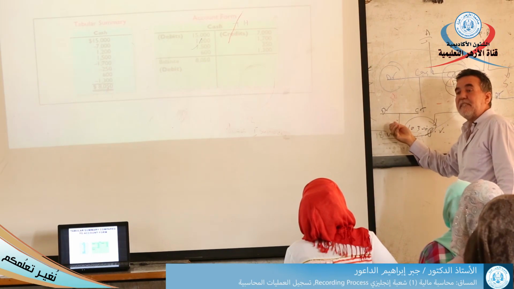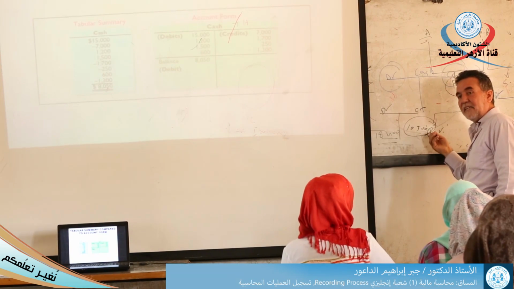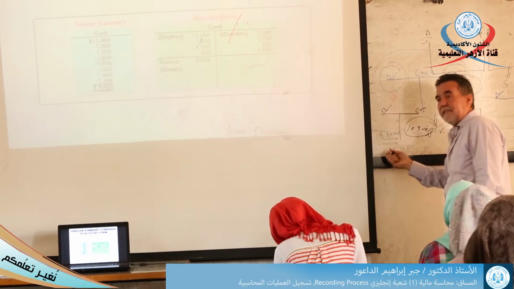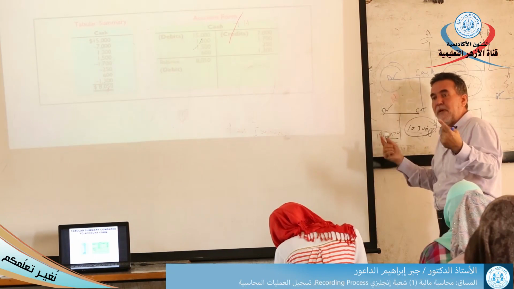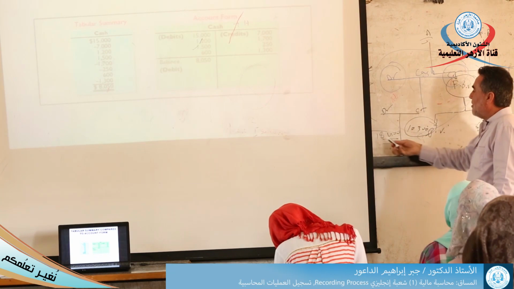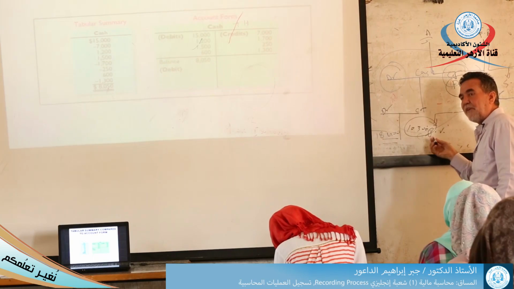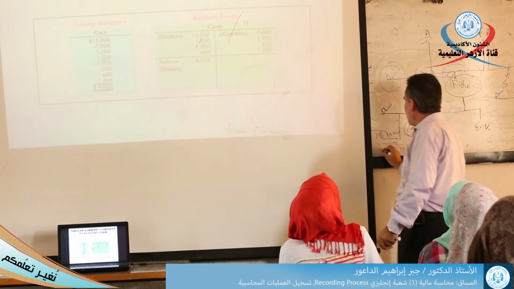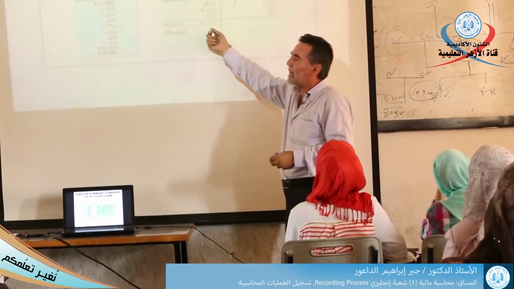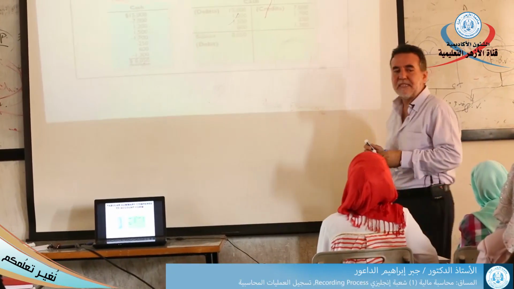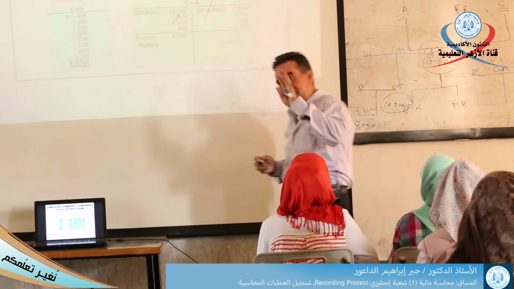So the debit side is bigger than the credit side, so the balance will be debit, which is the difference between the two amounts. 18,400 minus 10,300, so the balance will be 8,100. Okay? Clear?